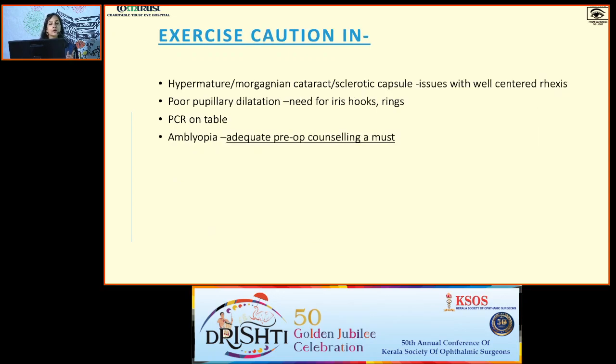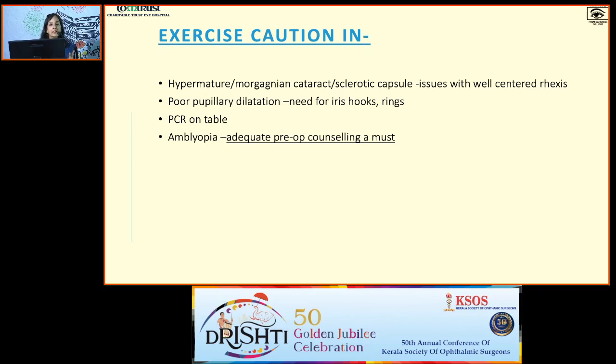Also exercise caution in hypermature Morgagnian cataracts with sclerotic capsules, only because there can be issues with a well-centered rhexis. If you can have a standby monofocal IOL, it'll be good. In case you get a good well-centered rhexis, go ahead and implant your toric IOL, and the patient will always thank you for it.